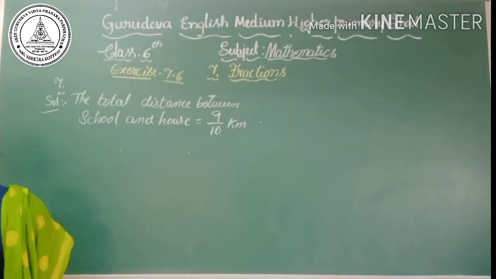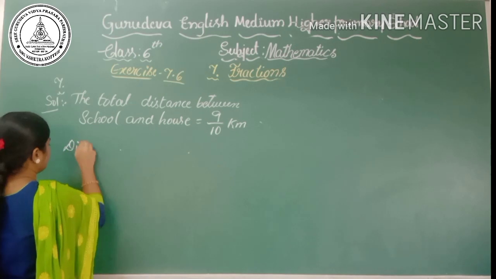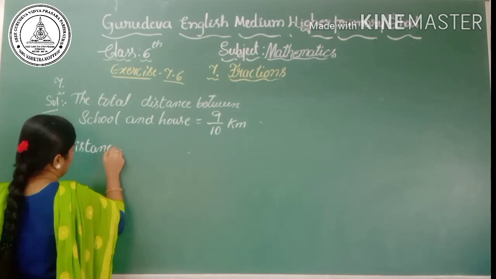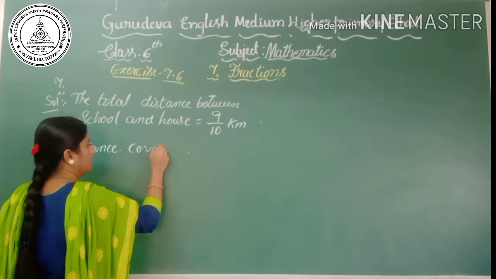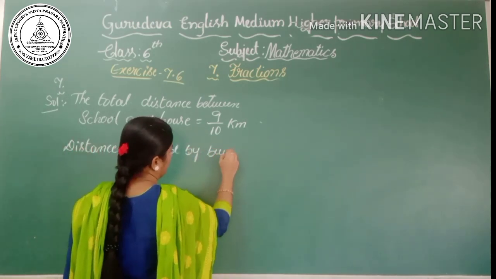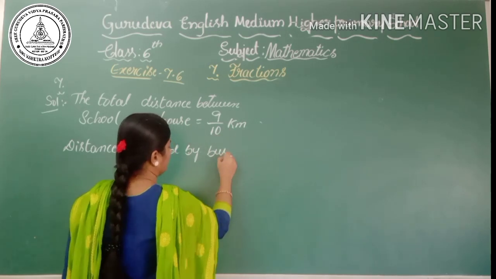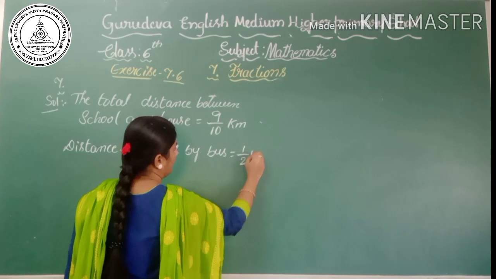Okay. The next sentence: distance covered by bus is equals to half kilometer.